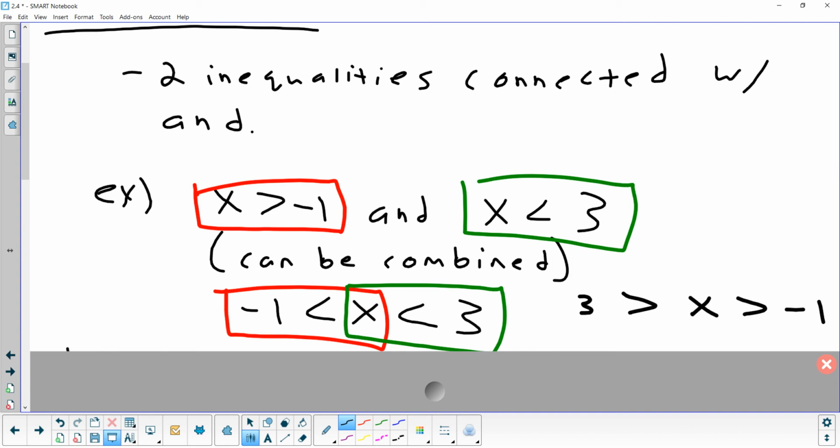Okay. I don't normally do it this way. I usually like to put the small number on the left, bigger number on the right, which means my inequalities will always point left. It's possible you could have something like this, where basically you have one that has the equal to and one that doesn't. That's fine. Okay. But any questions on how to take two inequalities and combine them into one?